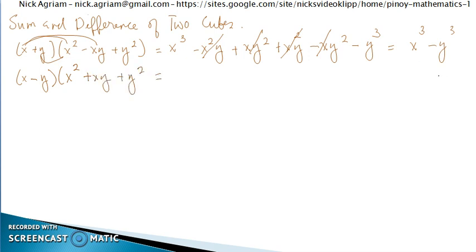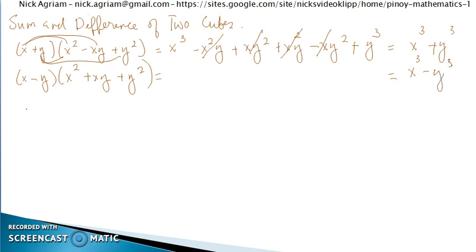You will get x cubed plus... I think I did that terribly wrong there. That is not negative, it's positive. And this one is negative and negative. Instead of positive, you will get negative instead.